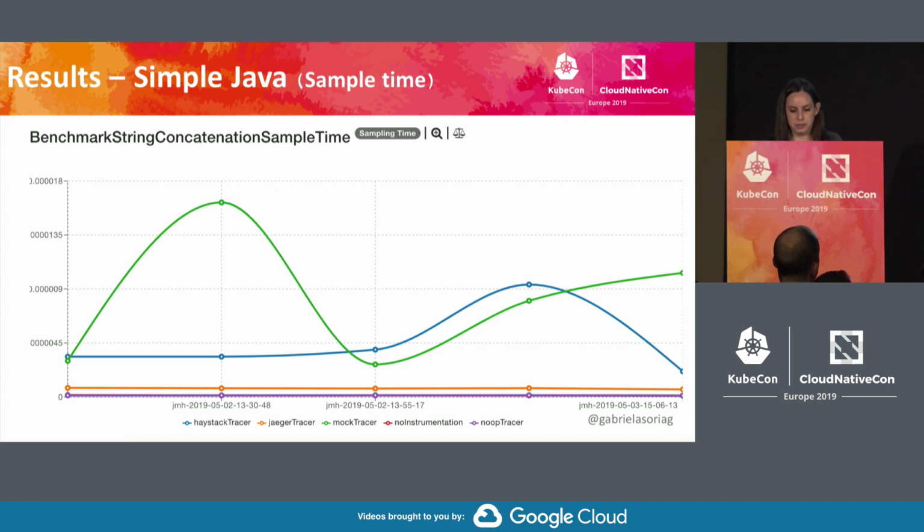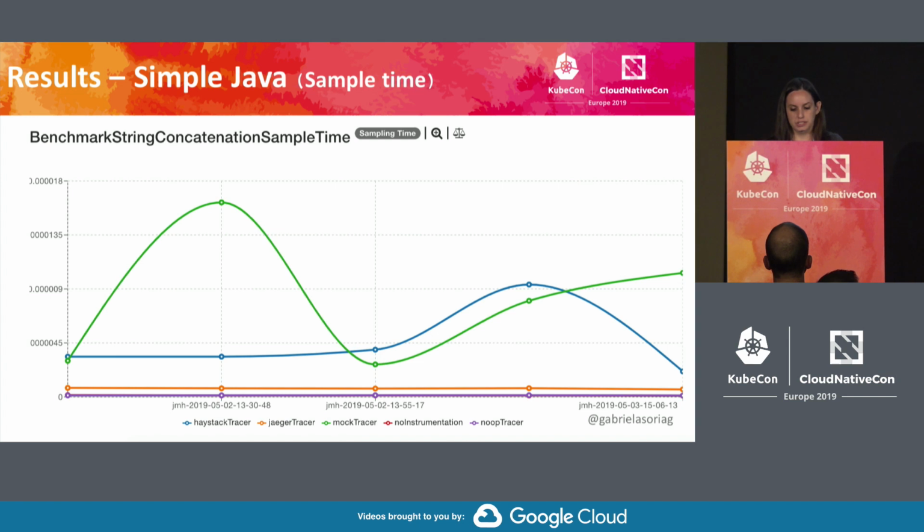Let's analyze the numbers. The numbers for non-instrumentation and noop tracer are very close and equal in some cases. Mock tracer is not a very good comparison because it's not intended to be used in a production environment and keeps the spans in memory, which degrades the performance.